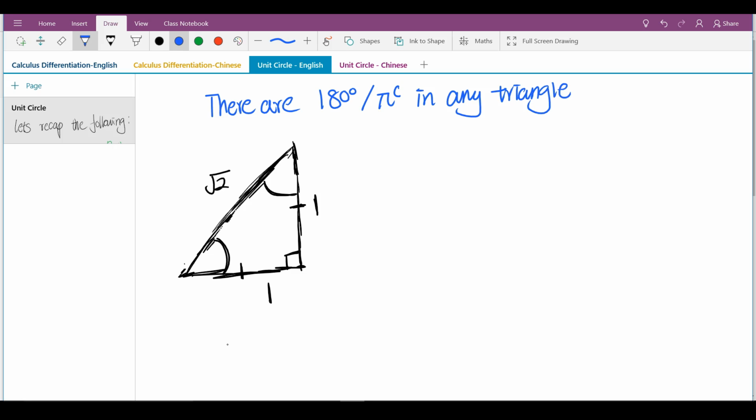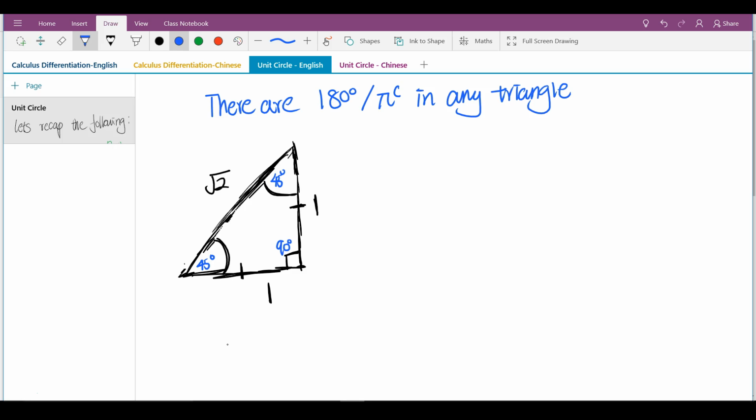Given that this is 90 already, this must be 45 and 45. They add up to 90, and 90 plus 90 is 180, which satisfies the rule. So that's 45 degrees. But we also have to convert that to radian.